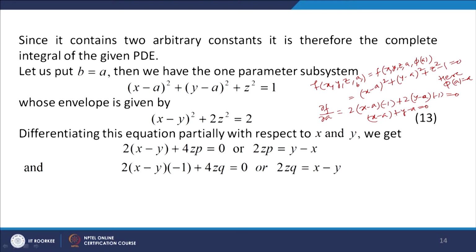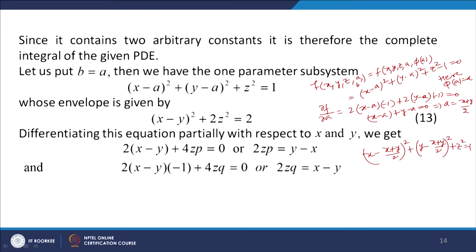So a is equal to x plus y by 2. Let us replace the value of a in this equation. So, x minus x plus y by 2 whole square plus y minus x plus y by 2 whole square plus z square equal to 1.